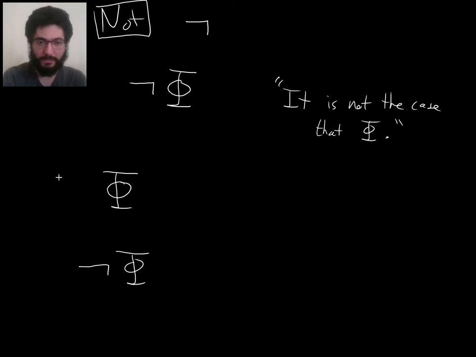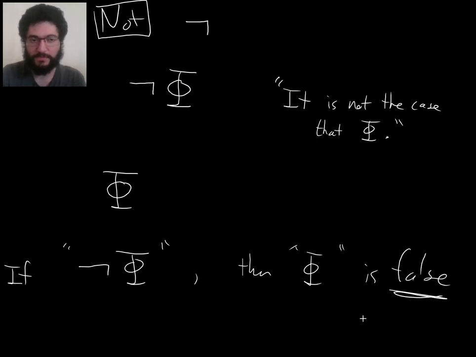So we had already given a meaning to the word true. Phi is true, we're going to interpret as meaning you can prove phi. Phi is false, we're going to interpret as meaning you can prove not phi. So if not phi is true, then we say phi is false. And now we have this word false.